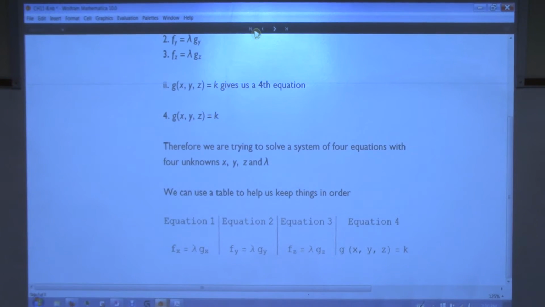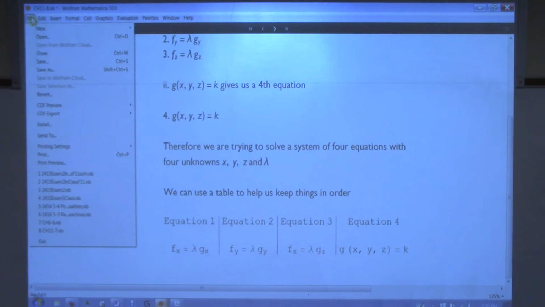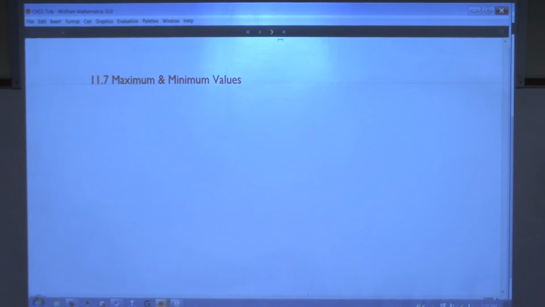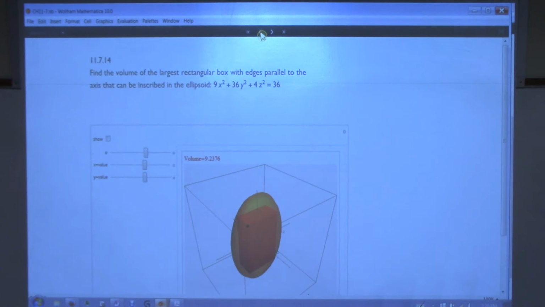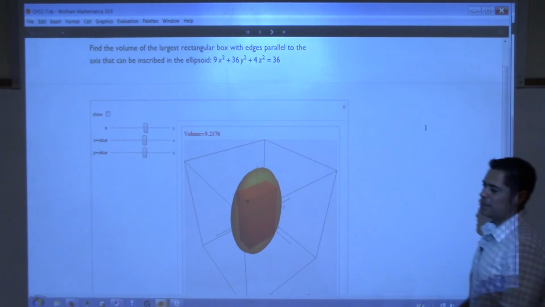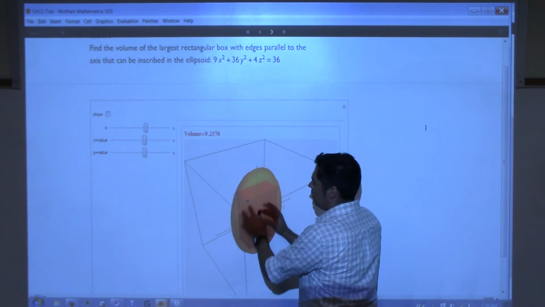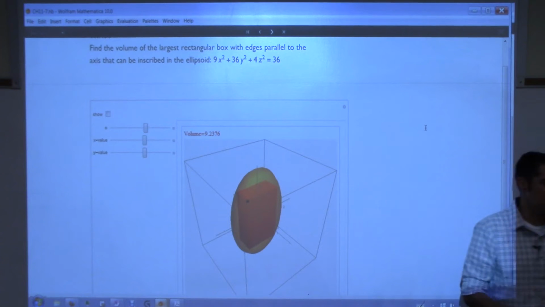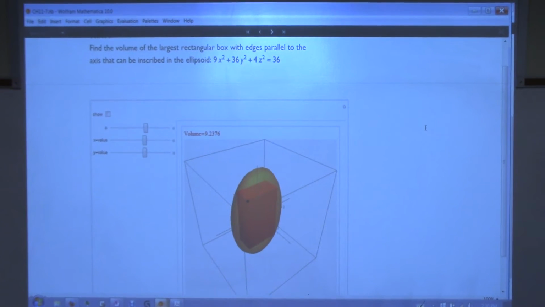Okay, so I'm going to go back to last class. It was this problem. Do you remember that? We were trying to get the largest possible box inside this ellipsoid. When we worked through it, we came up with a pretty good idea of what we needed to do.